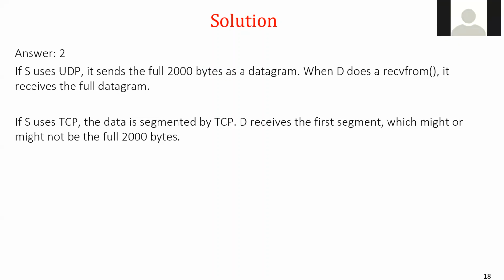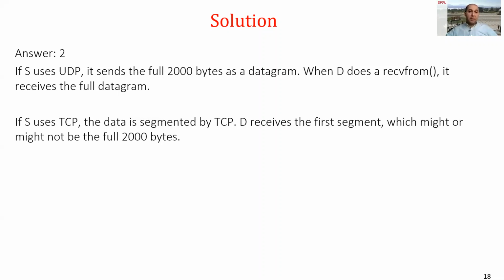But TCP might segment these 2000 bytes. So instead of creating one segment with 2000 bytes, it might create one segment with 500 bytes the first time. The second time, it might send only 700 bytes. And the third time, it might send the remaining. And on the other side, it is up to the application to put all this data together.